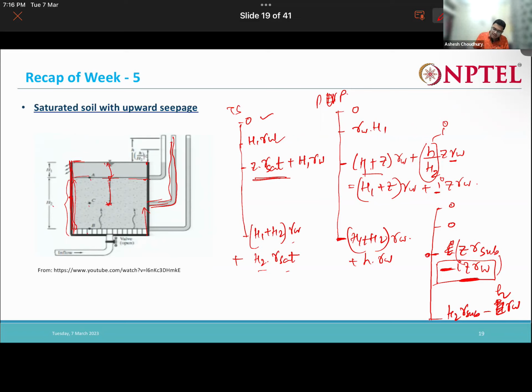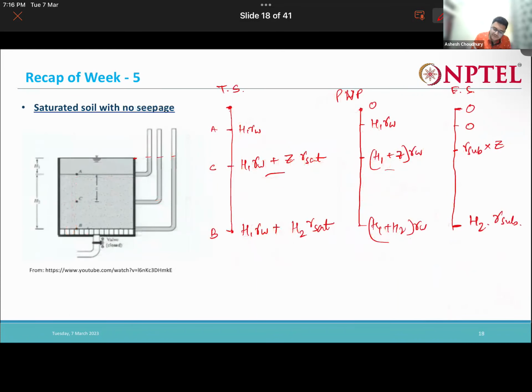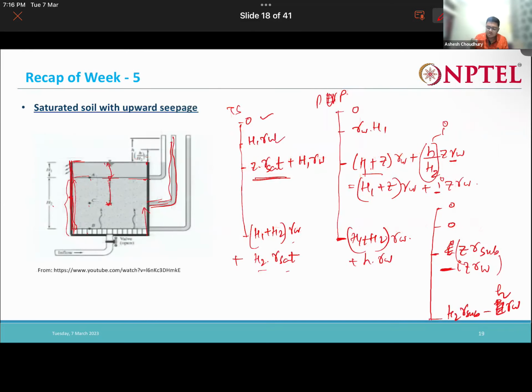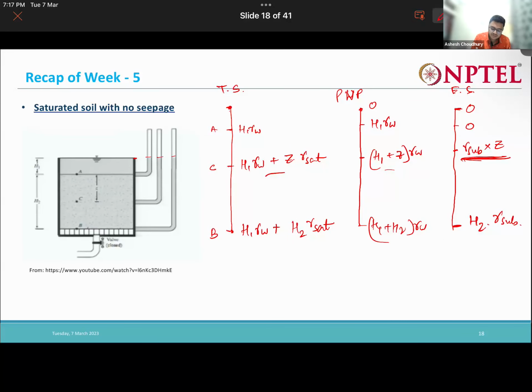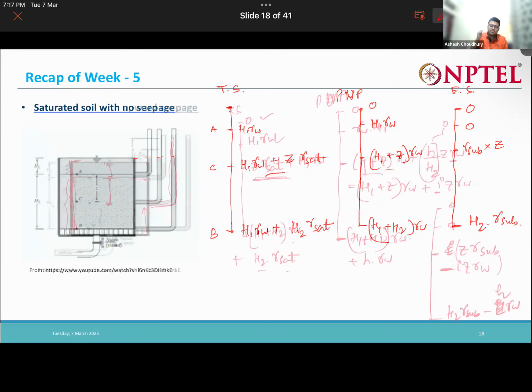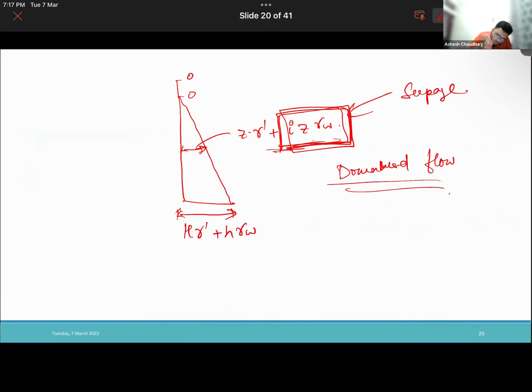So at point C, in no flow condition, what is my effective stress? It's z into gamma submerged, right? But due to the upward seepage, this z into gamma submerged is reduced by this amount. So upward seepage reduces my effective stress, and the opposite happens with downward flow.